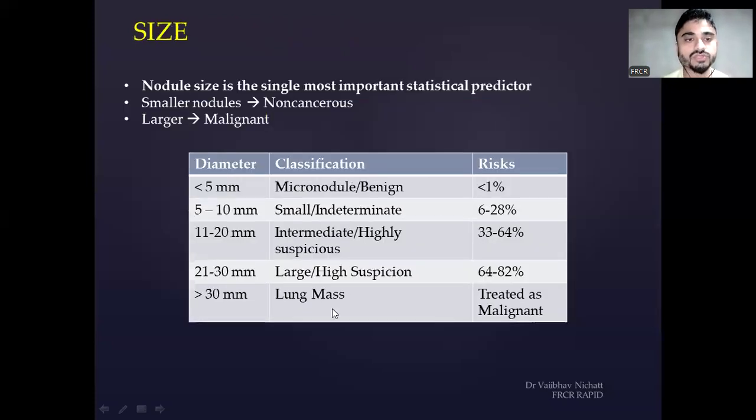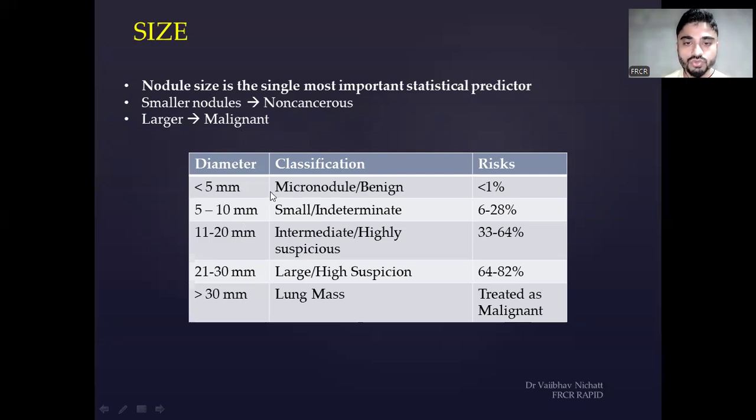Now coming to the size. Size is the single most important statistical predictor to define the benign versus malignant nature of a lung nodule. Predominantly, smaller lung nodules are non-cancerous, and if the lung nodule is large, the chances of malignancy are higher. So this is the chart.